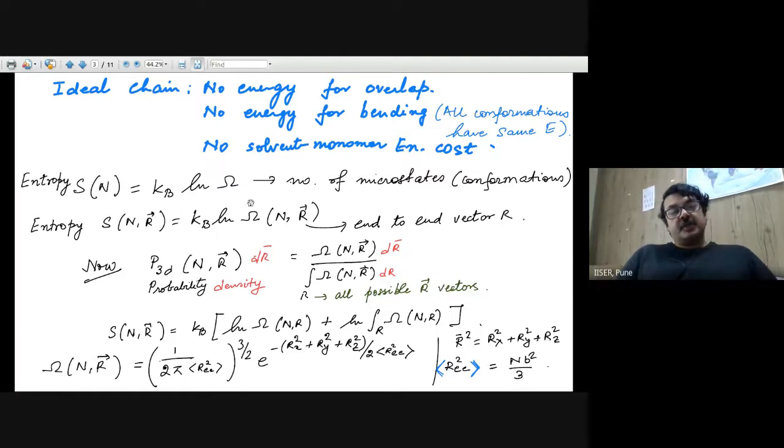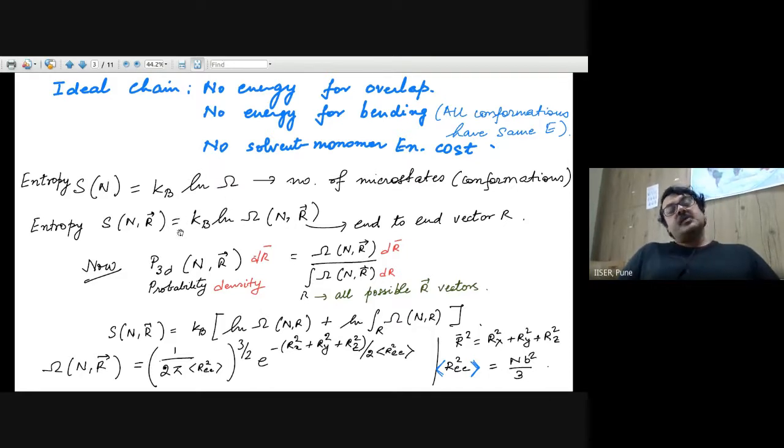And of course, if you integrate over all R, you will get the total omega. If you specify a particular end-to-end vector, the number of microstates accessible is of course less than the total number of microstates.